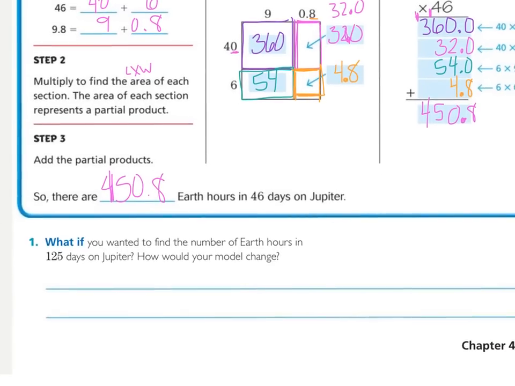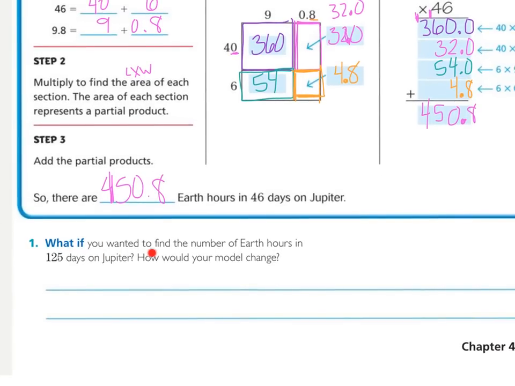So now number 1, what if you wanted to find the number of Earth hours in 125 days on Jupiter? How would our model change? Well, right here, we multiplied by a 2-digit number. So if this is a 3-digit number, how is our model going to change?